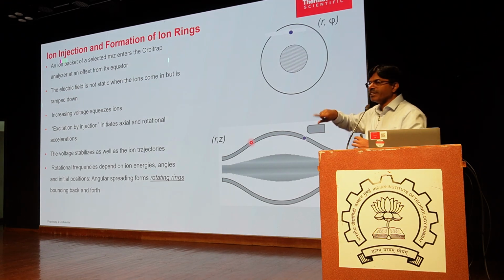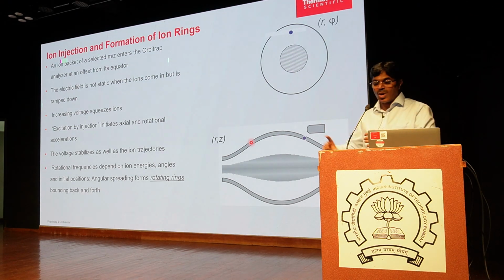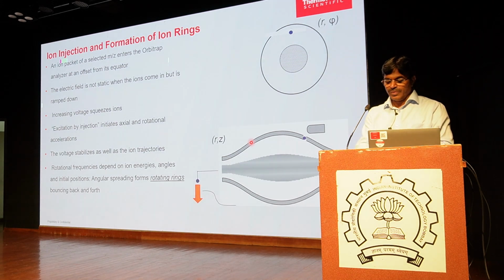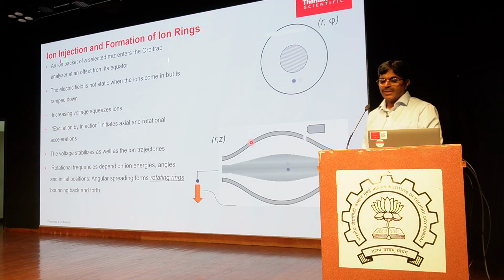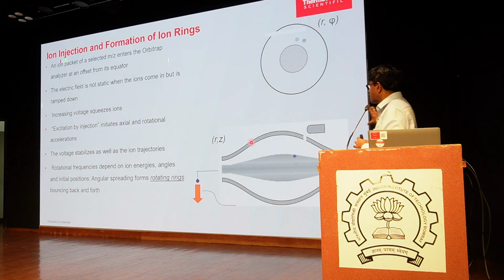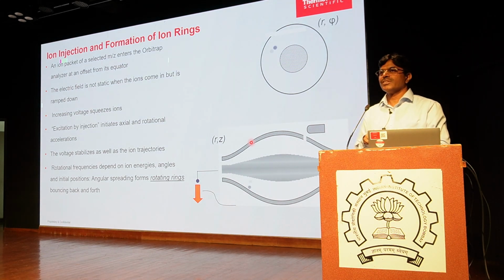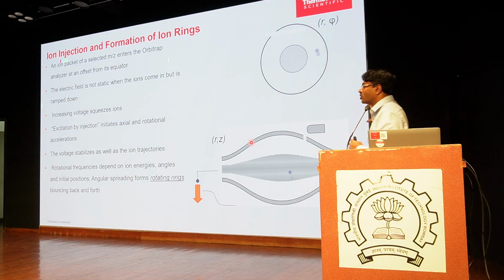So it starts rotating, and once it starts rotating, it also starts oscillating back and forth. So it has 2 motions: one is the rotational motion, and the other one is the axial oscillation.